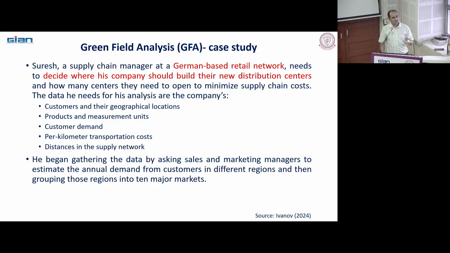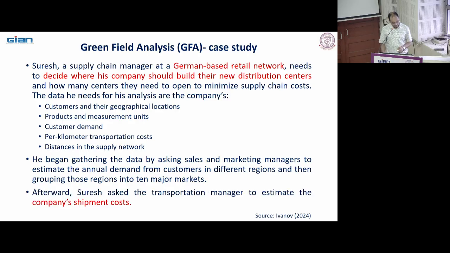He looked at the annual demand from customers in different regions, and grouped those demands into 10 regional markets. So basically 10 customers are there. This is not the individual customer, we are considering the aggregated demand at that potential node.